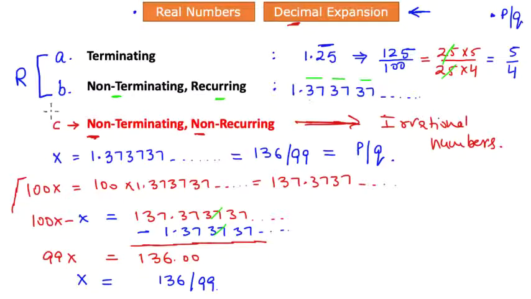Out of those three, the third one, which is non-terminating and non-recurring, is the category of numbers we define as irrational numbers. So with that, we will take a pause here, and in our next tutorial, we will learn a little bit more about performing mathematical operations between rationals and irrationals.